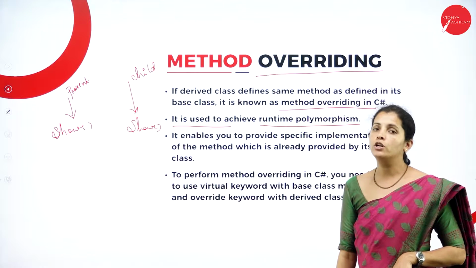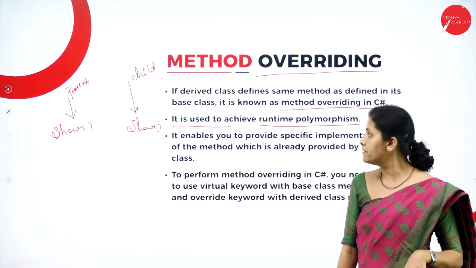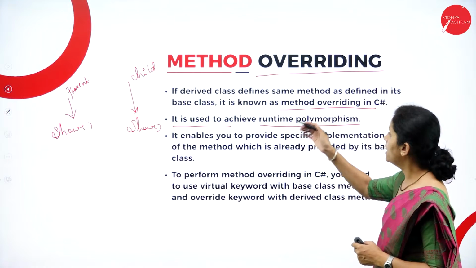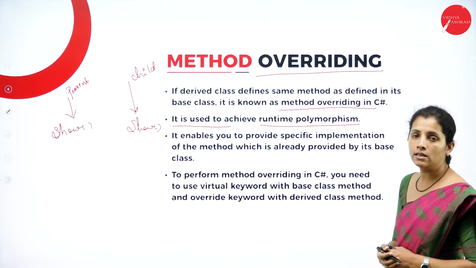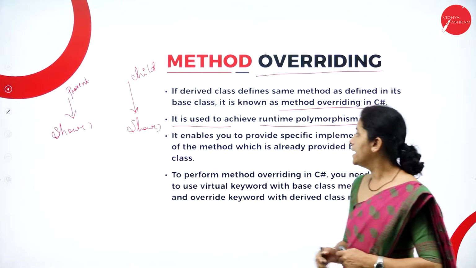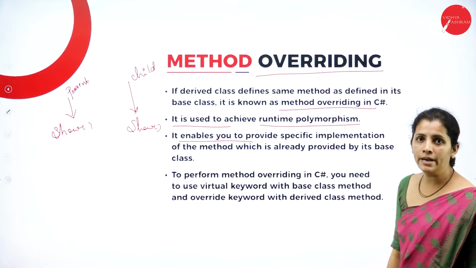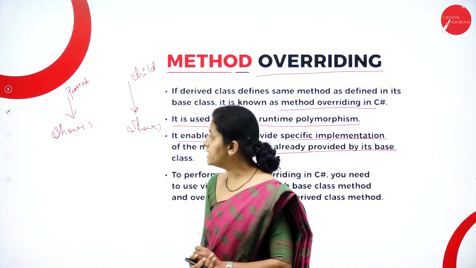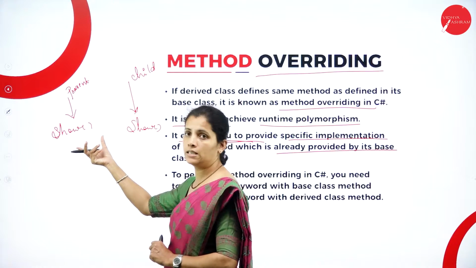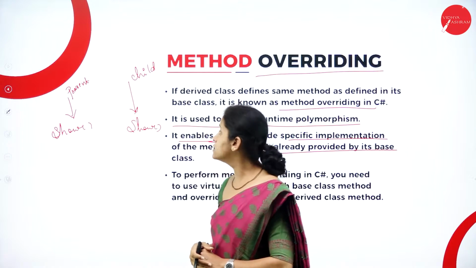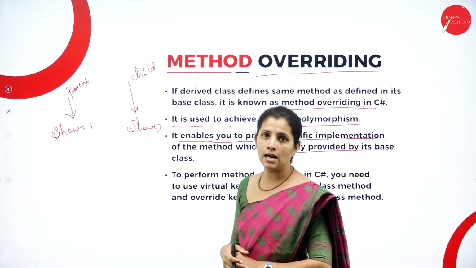Runtime in the sense what? During the execution time, if I want to achieve polymorphism, then I can go with method overriding. It enables you to provide specific implementation. So dear student, this method is present in the parent class and it is present in the child class.